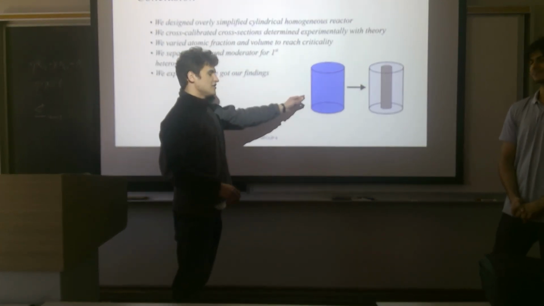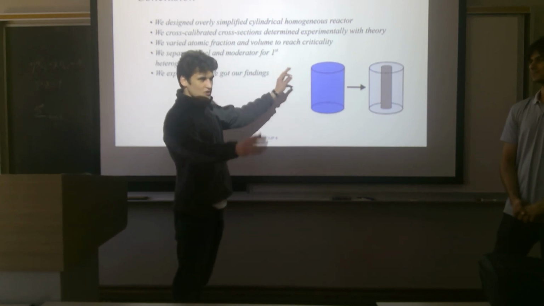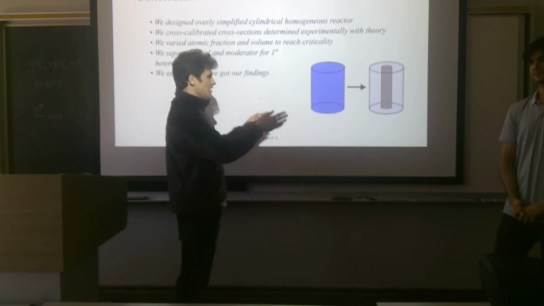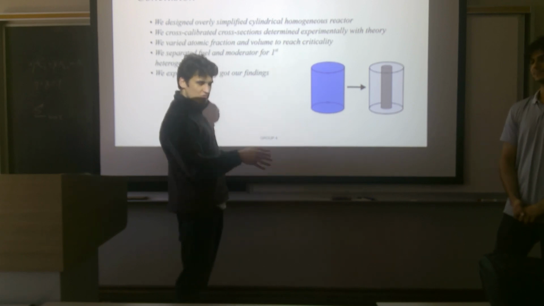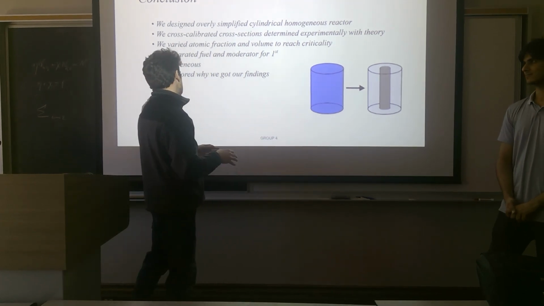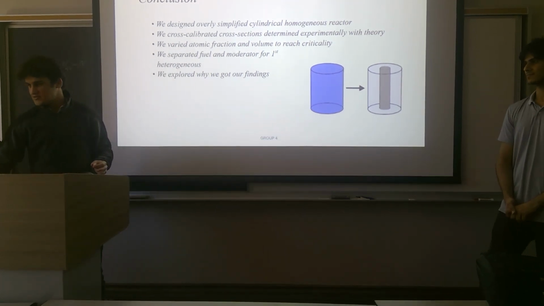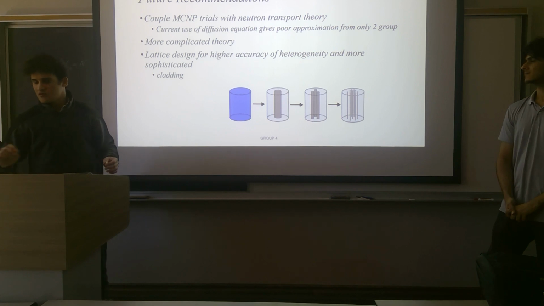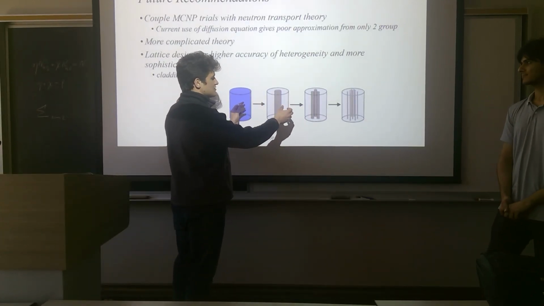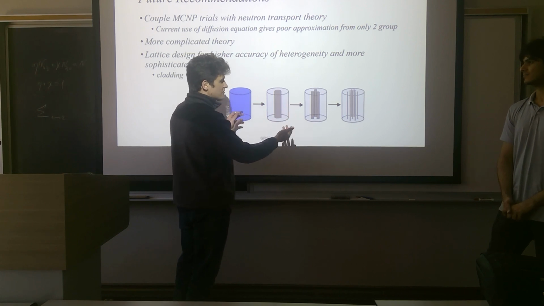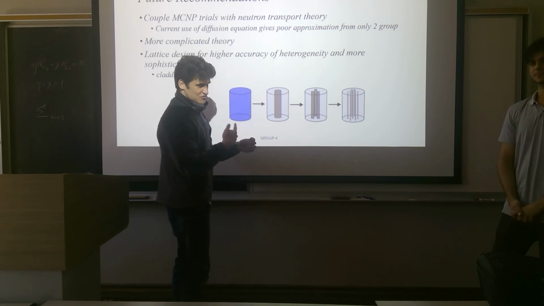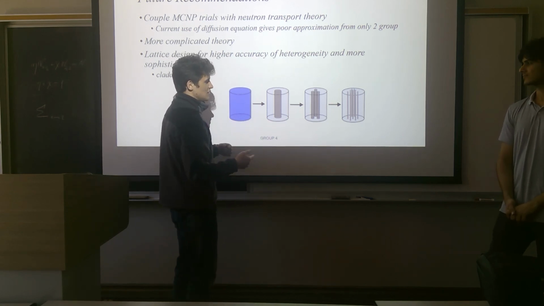For now, we did our simple homogeneous case. We demonstrated that we can cross-calibrate the theory and the experiment. We were able to go through that basic process in a very simple case, but we were able to demonstrate that process. Pretty much the next step for us would be to keep separating the fuel into smaller and smaller elements, and as we do it, to upscale the theory, so to use transport theory, and to keep this cross-calibration going between the theory and the experiment.